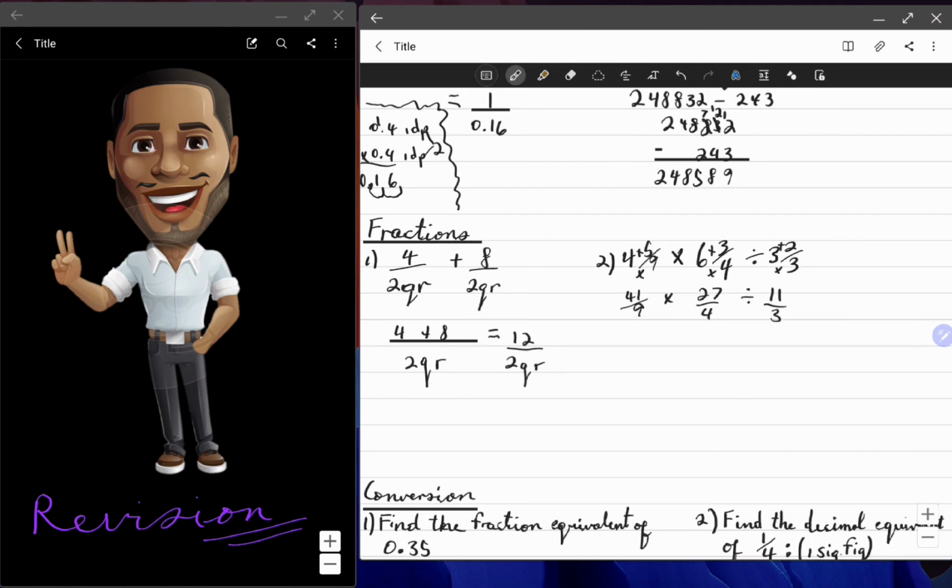Alright, so now we're going to work. We could have simply multiplied the first two fractions, but let's just put everything to multiplication. So if you remember our keep, change, flip, let's look at 27 over 4 divided by 11 over 3.